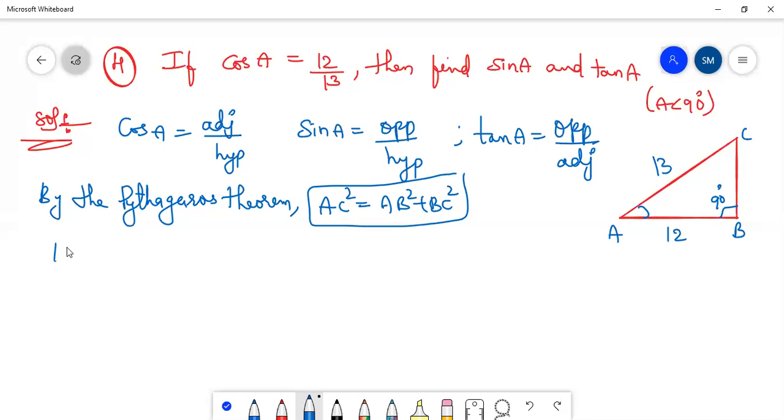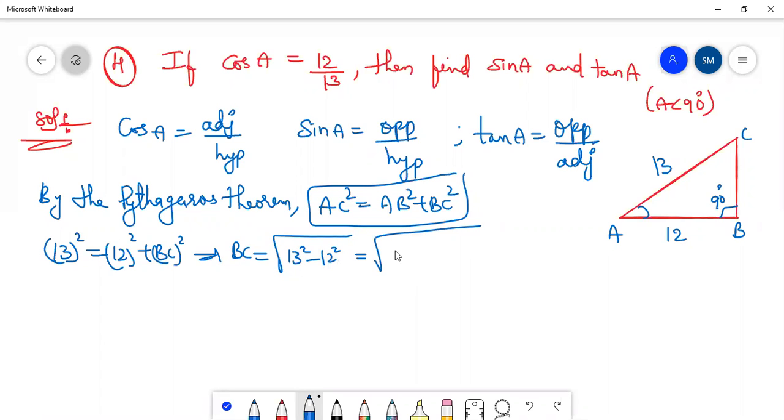AC square is 13 square, equal to 12 square plus BC square. From this, BC equals the positive square root of 13 square minus 12 square. It is equal to under root of 169 minus 144, equal to root 25, which is equal to 5. So this is the 5.